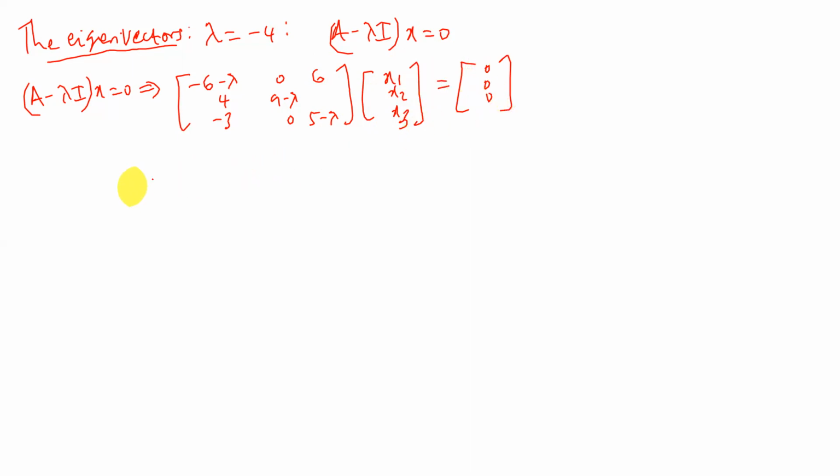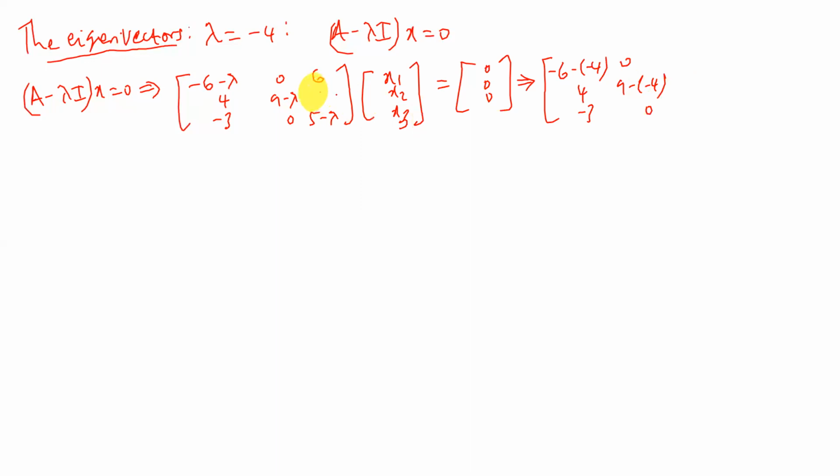So obviously we continue. We substitute straight into this, so lambda is -4. Minus 3 minus -4 gives 0. 9 minus -4 gives 13. There's a 0 here.